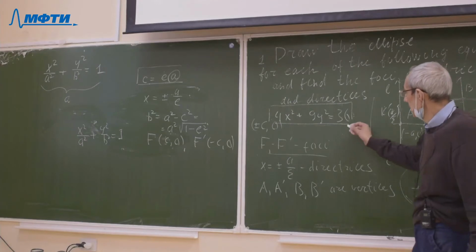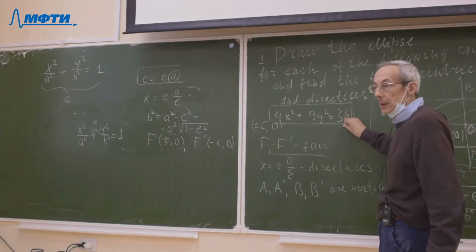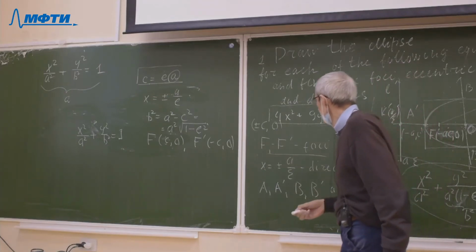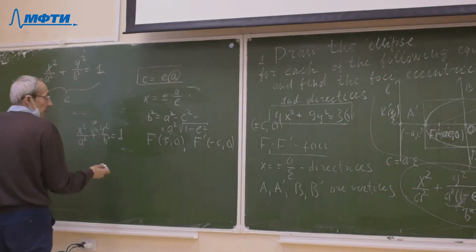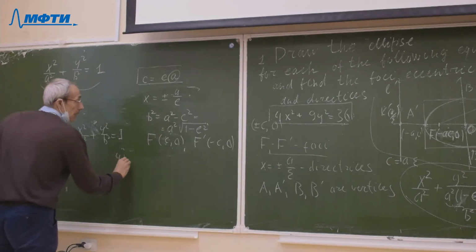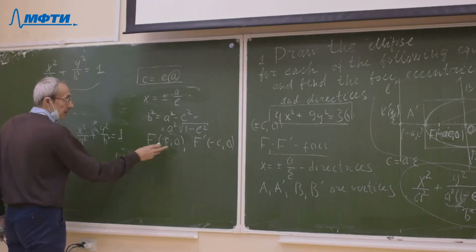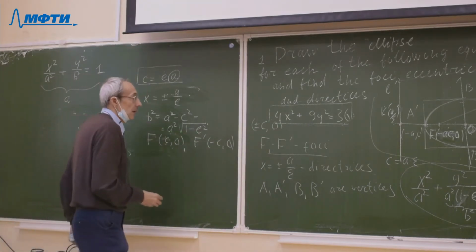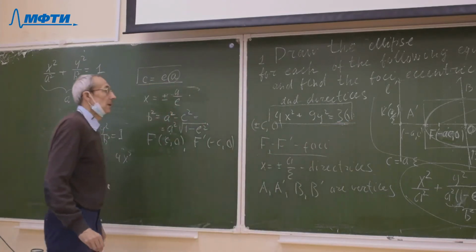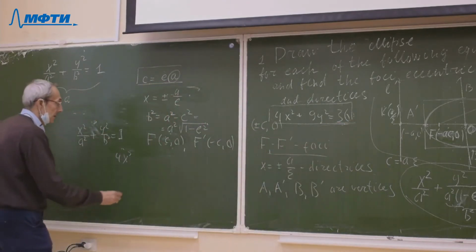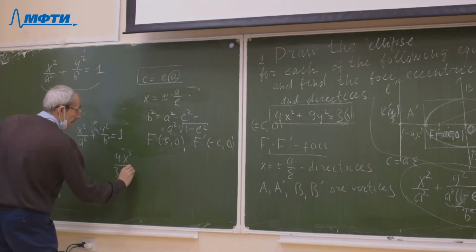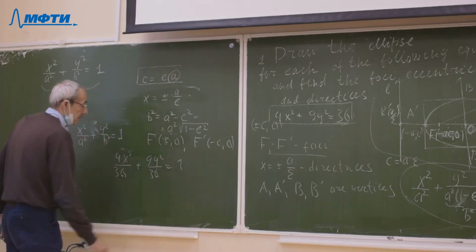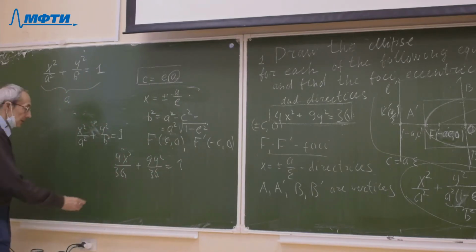Easy to see. What we can do? We can divide the left and right hand sides of this equation by the right hand side, 36, and we obtain the following equation.